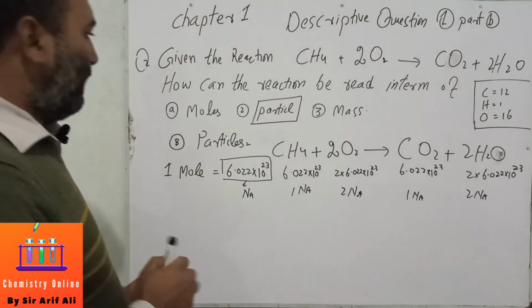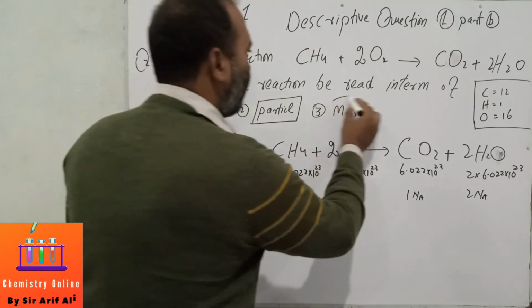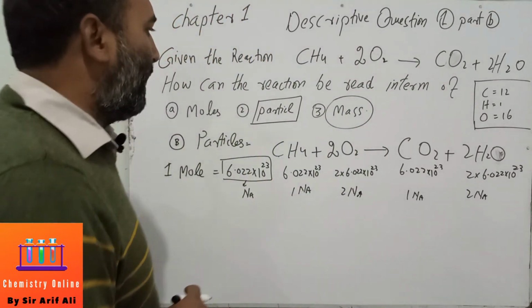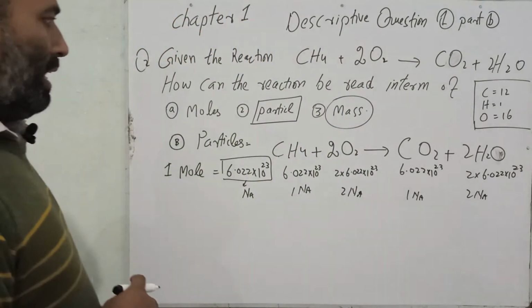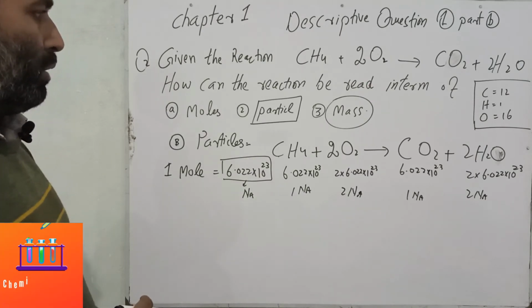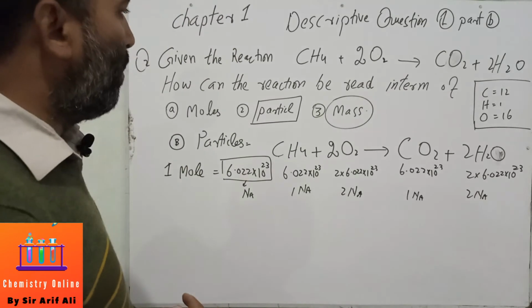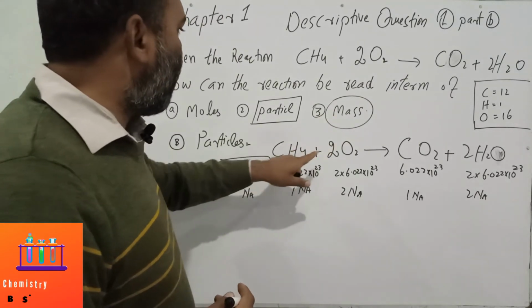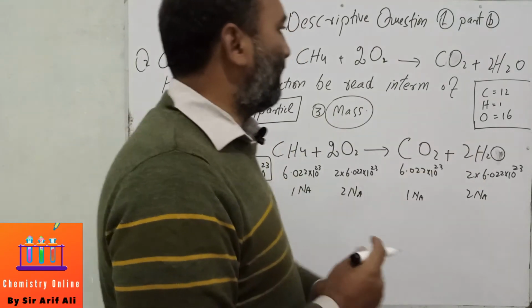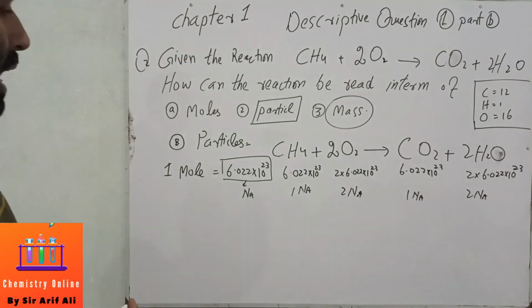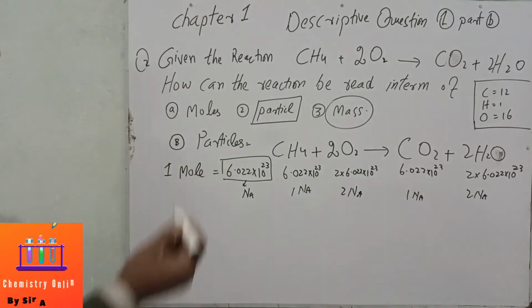The third part of this question is to interpret the same reaction in terms of mass. So in order to read this reaction in terms of mass, what we will have to do? We will convert the number of moles of the reactants and the products into mass. And for that, it's very easy.